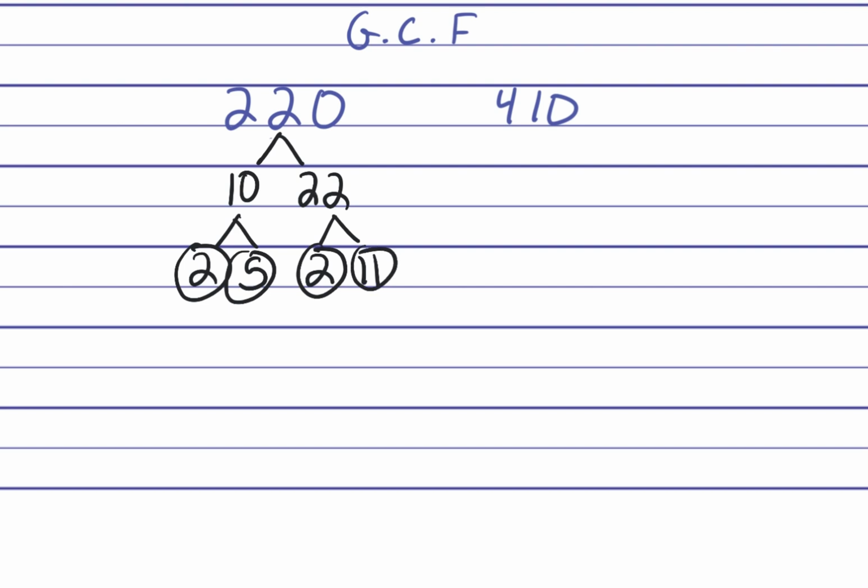Both of those are prime, so put a circle around them. So we've got everything circled. So the expanded form is 2 times 2 times 5 times 11, which we then talked about. That could be written as 2 squared times 5 times 11. Does that look right? Yep.